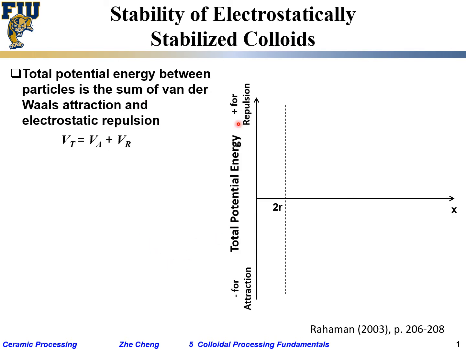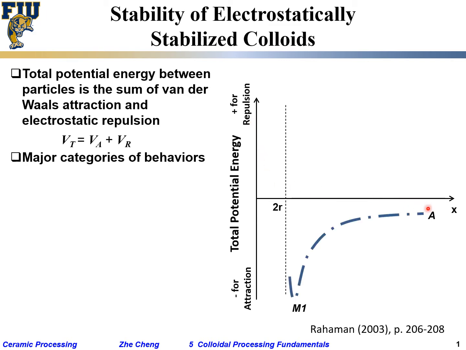So total potential energy, we plot against distance, negative for attraction, positive for repulsion. Okay, and we would have different behaviors between the different types of suspension.